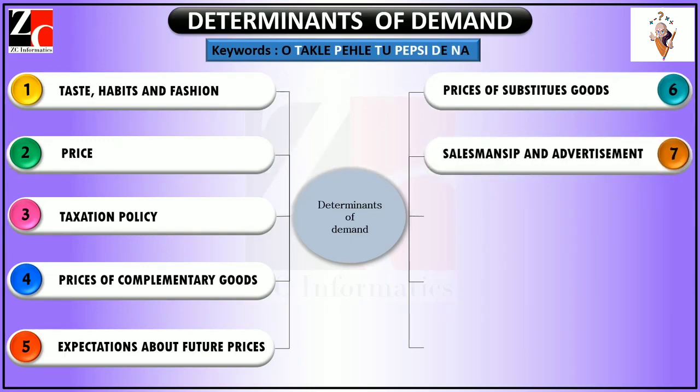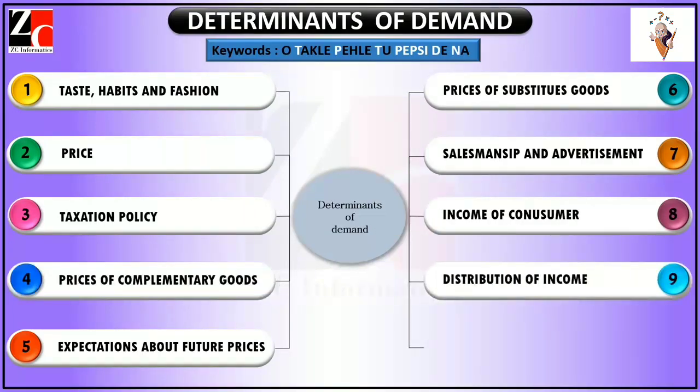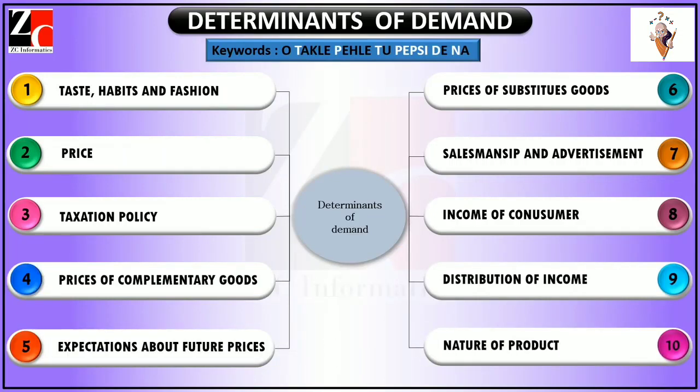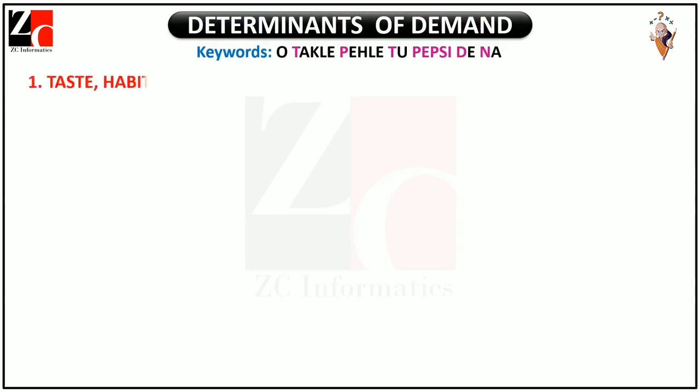Point number 7. Salesmanship and advertisement. Point number 8. Income of consumer. Point number 9. Distribution of income. Point number 10. Nature of product. Determinants of demand. Keywords are given above. Kindly refer the same.